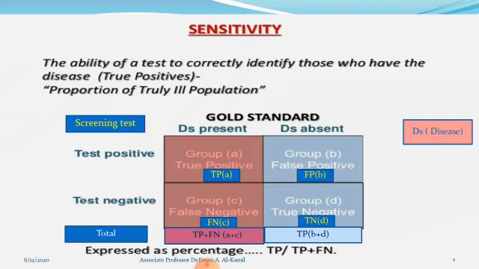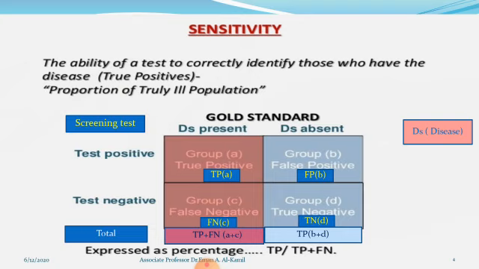So the ability of a screening test to diagnose or to label the individuals who are really diseased by the gold standard test as positive, this is called the sensitivity.